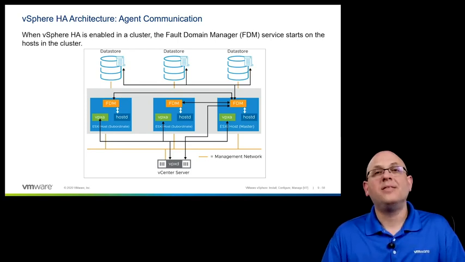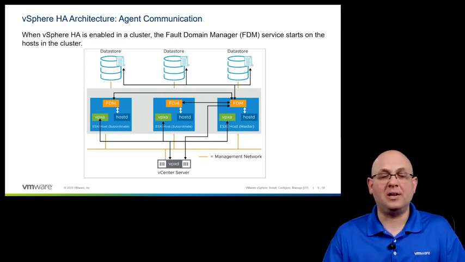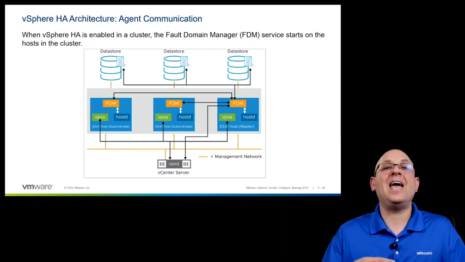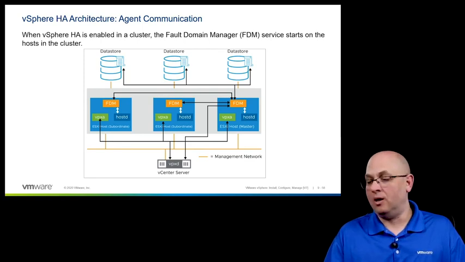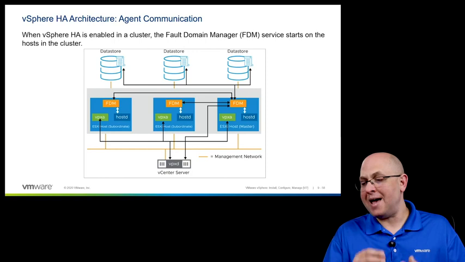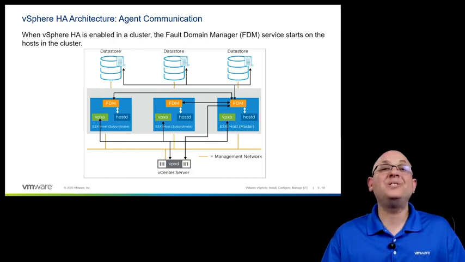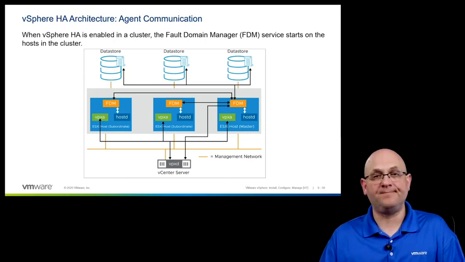At that point, there's an election process. There's communication between all of the hosts that have joined the cluster that has HA enabled, and an election happens. We elect what we call a master host, and this master host is in charge of the entire cluster operation.